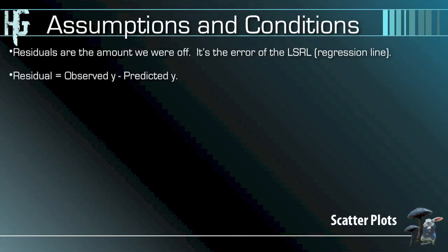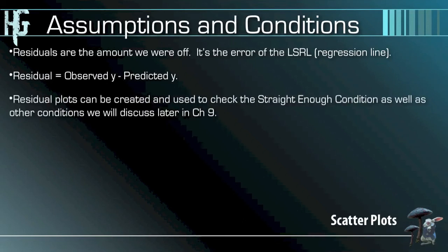Okay, so there's the formula: residual equals observed y values minus predicted y values. If you're visualizing a residual, it's the vertical distance a point is away from its vertical position on the least squares regression line.